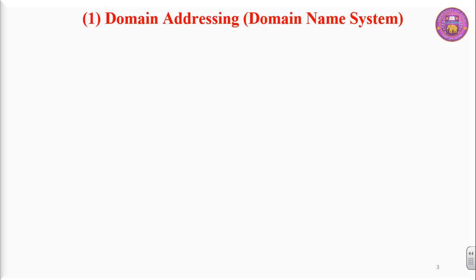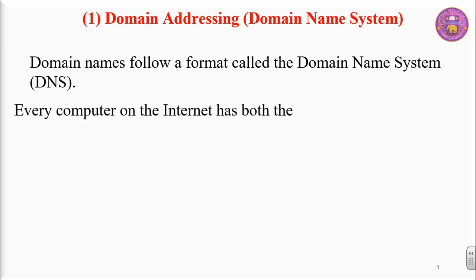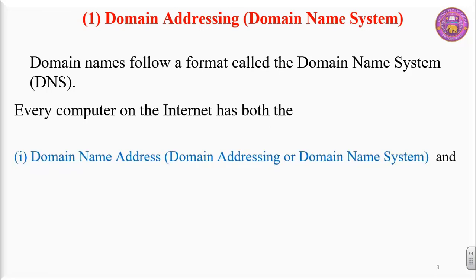First one, domain addressing, that is domain name system. Domain name follows a format called the domain name system, DNS. Every computer on the internet has both the domain name address, that is domain addressing or domain name system, and an IP address.